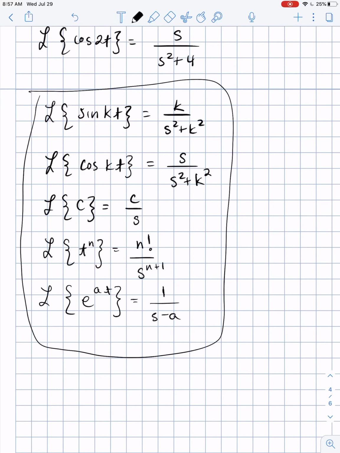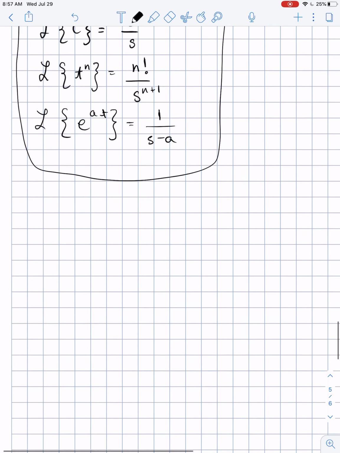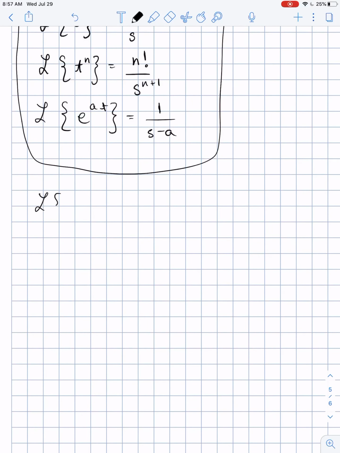So these are the ones we want to really remember, okay? And now, with that, you could do any, say we start adding functions together, say it's 1 plus 5t. I could rewrite this as the transform of 1 and the transform of 5t. Or you could kick out that 5, and because it's constant, put it on the outside.